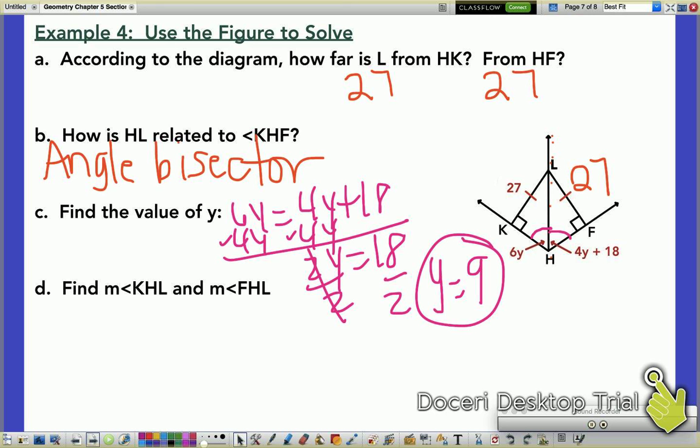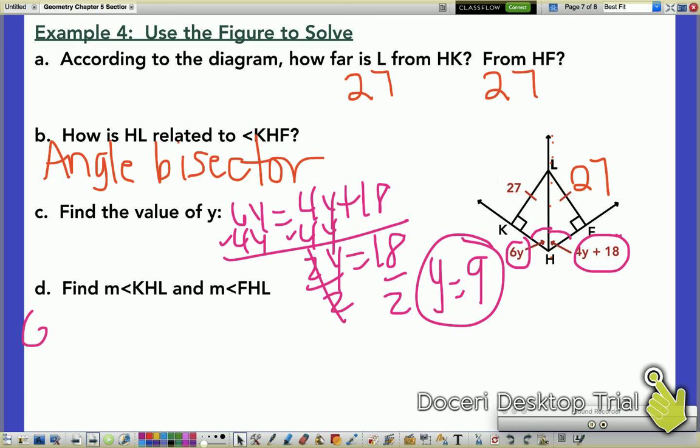Find the measure of angle KHL and angle FHL. So how do I do that? Well, these are pointing to those two angles, so I have to plug in y.